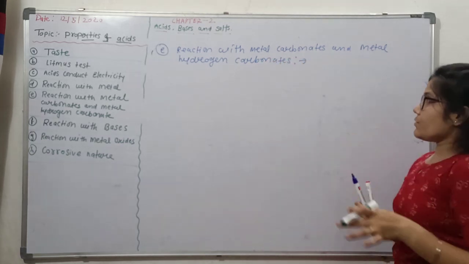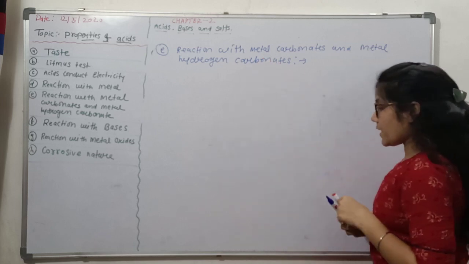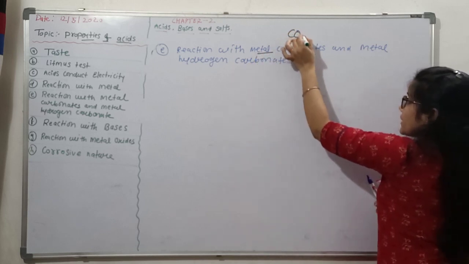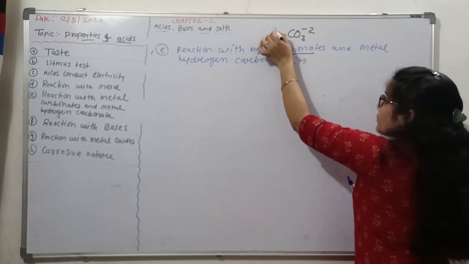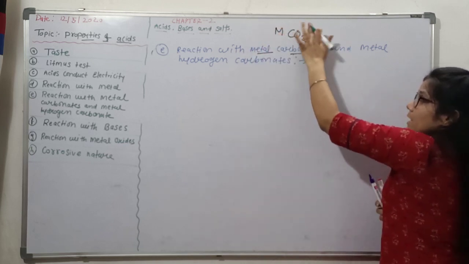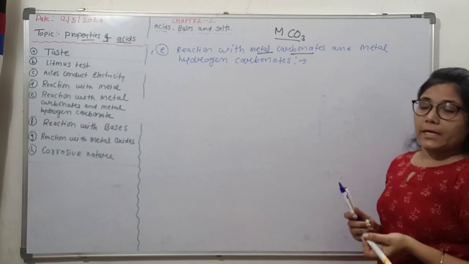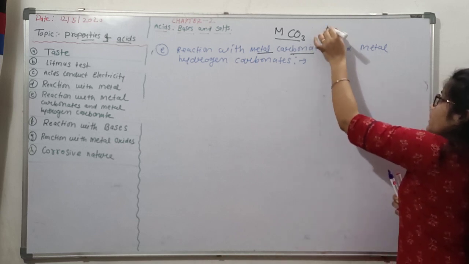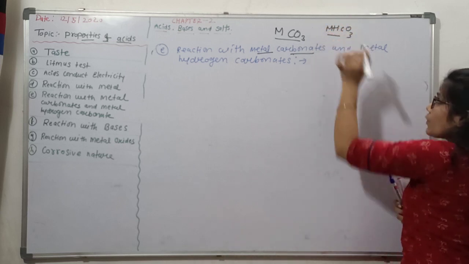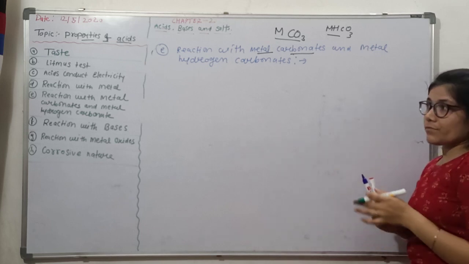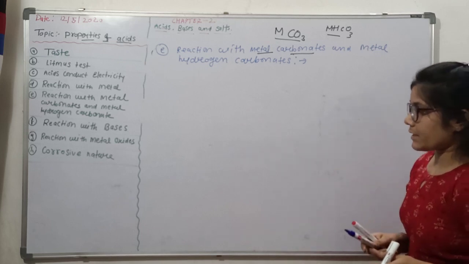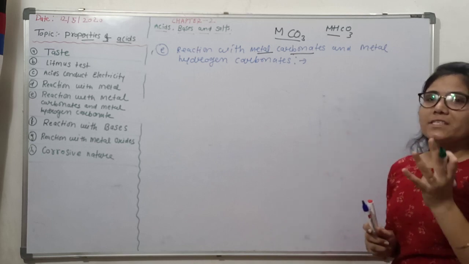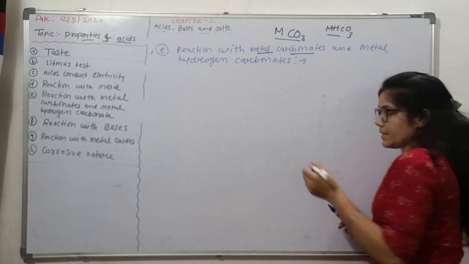In class 9th we discussed what a metal carbonate is and what a metal hydrogen carbonate is. You all remember the carbonate group is CO3 2 minus, and metal is simply denoted by M. So the metal carbonate is MCO3, where M represents the metal, and metal hydrogen carbonate is MHCO3. When acid reacts with metal carbonate or metal hydrogen carbonate, it gives a salt, water and brisk effervescence of carbon dioxide.